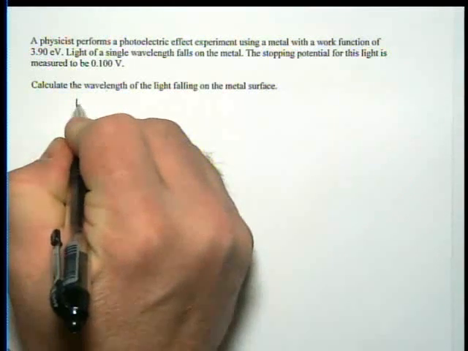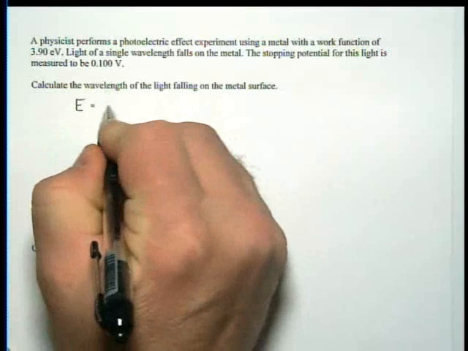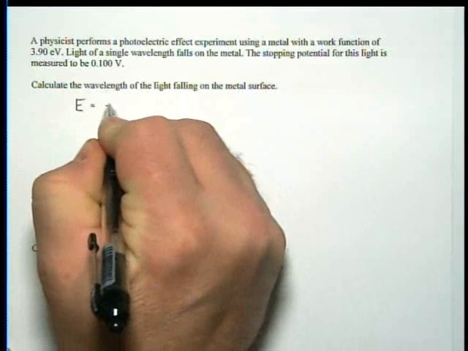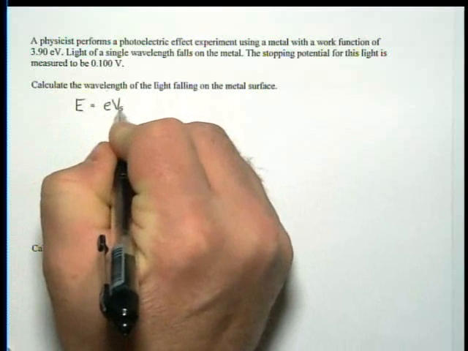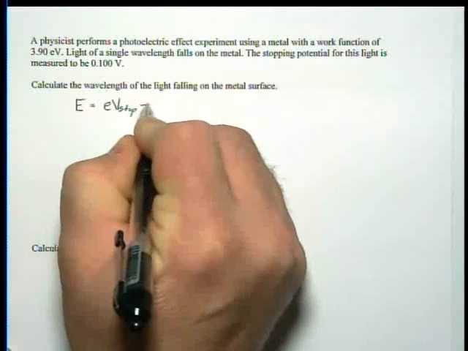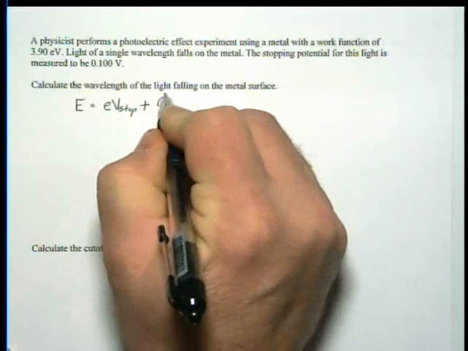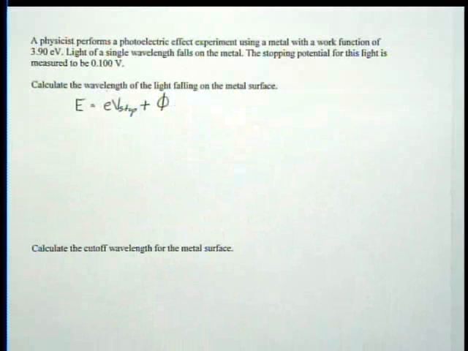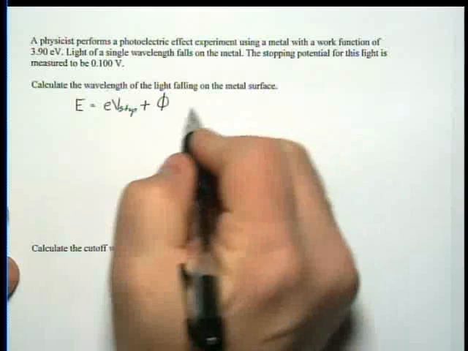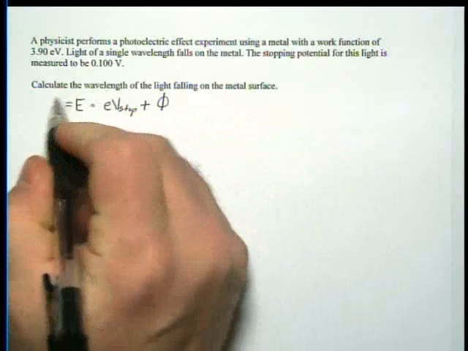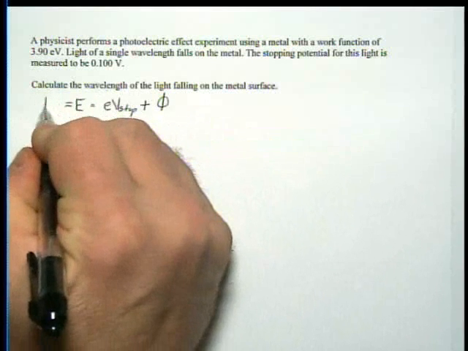Okay, so E is equal to e times V stop plus the work function. Conservation of energy. And E is hc over lambda.